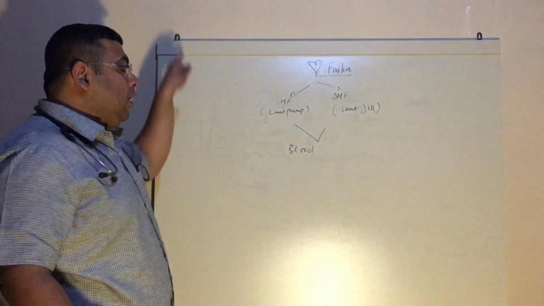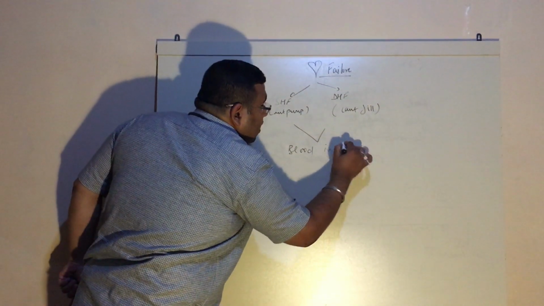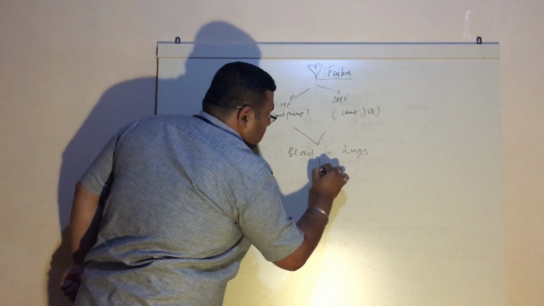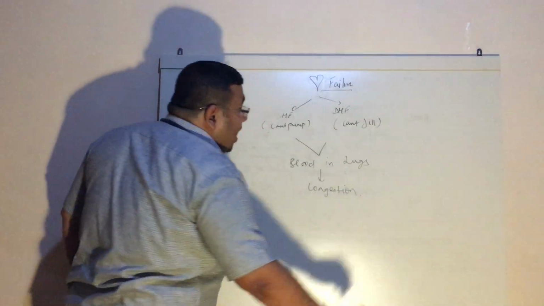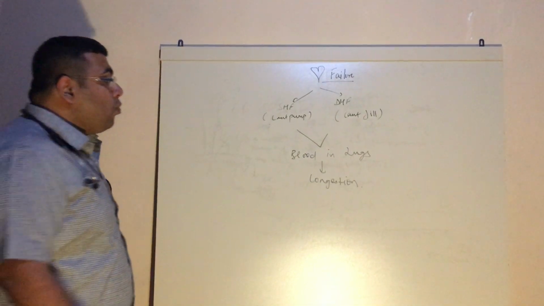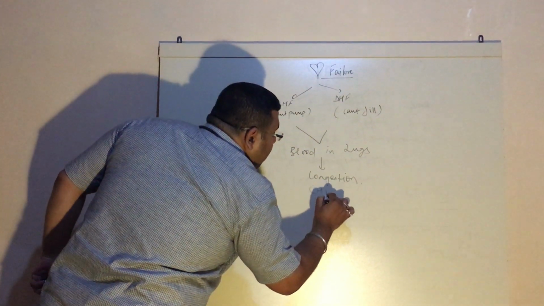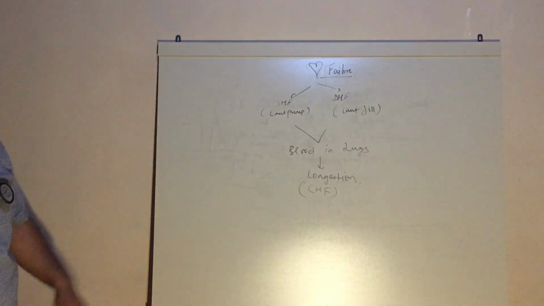It goes back to the lungs and causes congestion in the lungs, right? That's why heart failure has another name, congestive heart failure, because of the congestion of blood in the lungs.